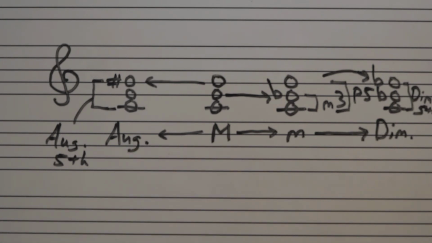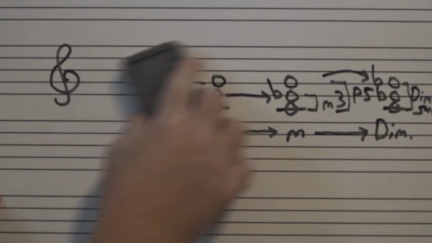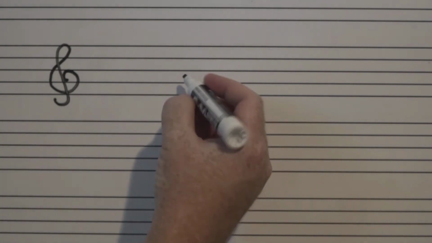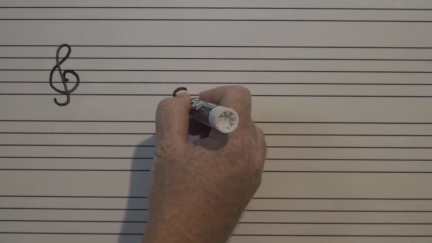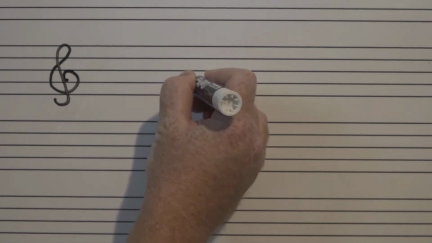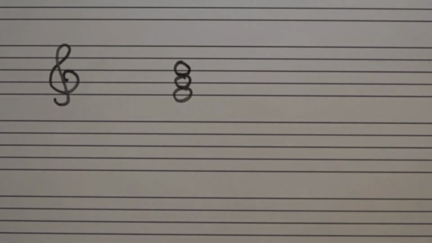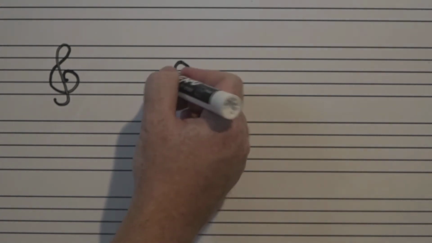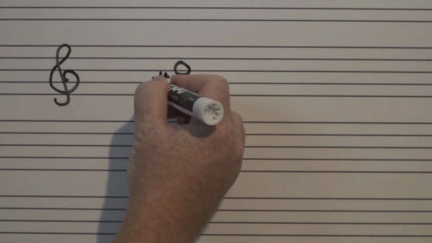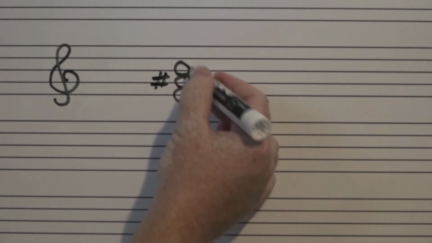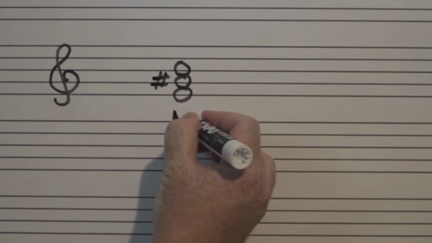And let's do that all again on a different note. Let's do E. First, we need to know our E major scale. And our E major scale will have a G sharp. So there's scale degree 1, 3, and 5 in E major.